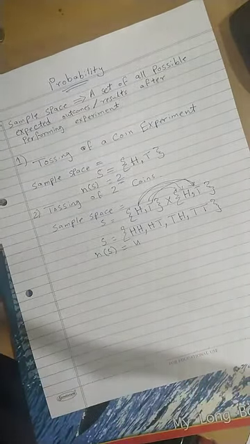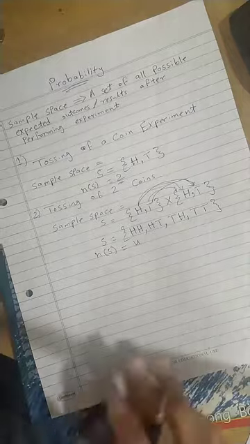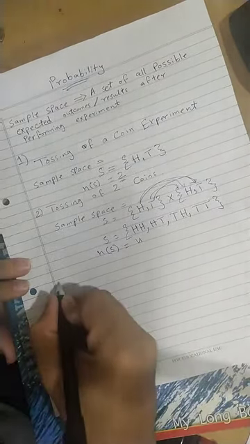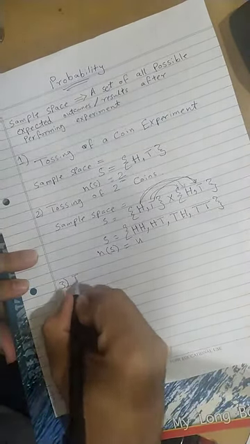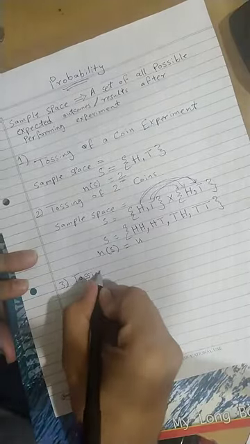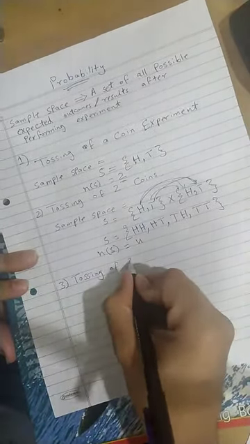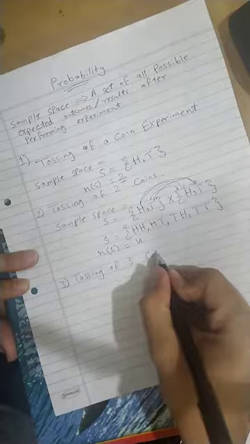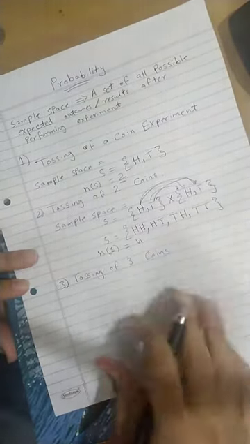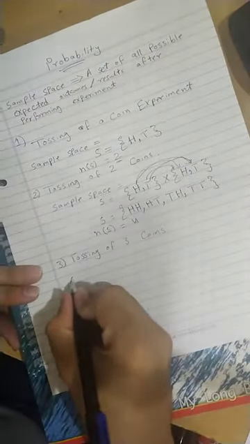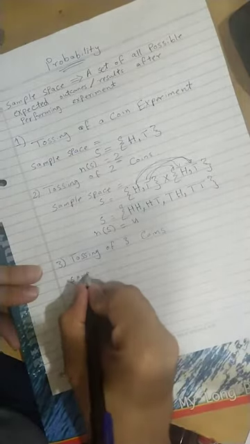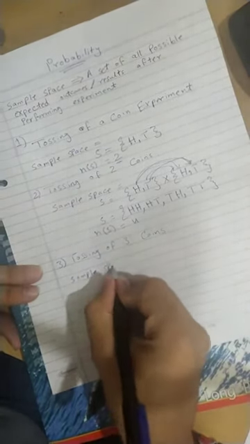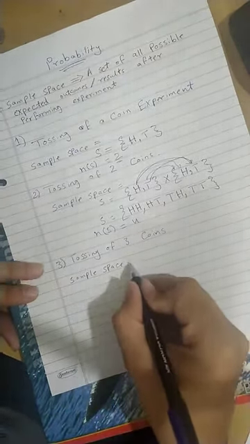Third experiment, if we throw 3 coins, or tossing of 3 coins experiment. The sample space, how to calculate it? This is the sample space.